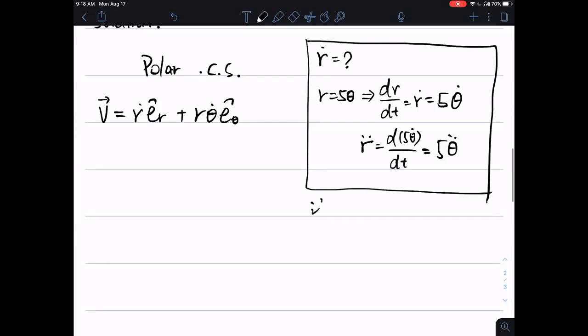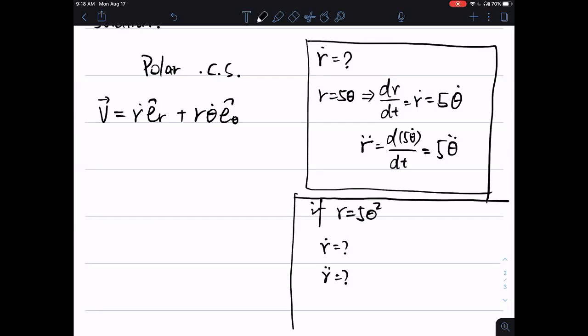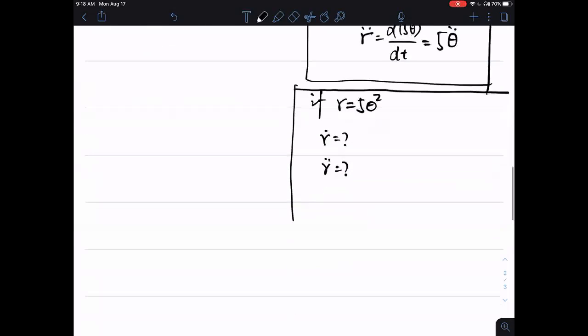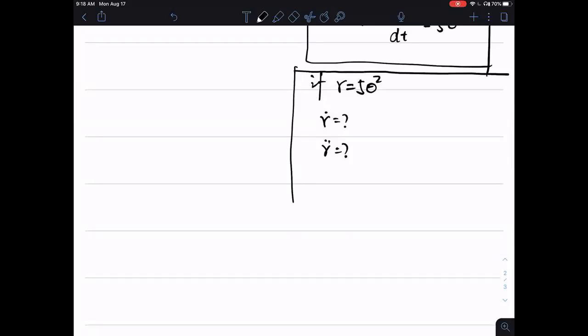Now, if I use r equals 5 theta squared, I want you to find out what is r dot, what is r double dot. There's a high chance this will be on your exam.